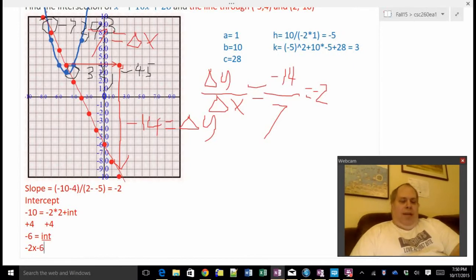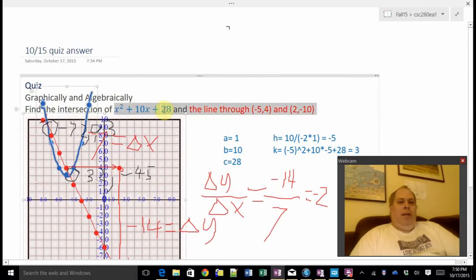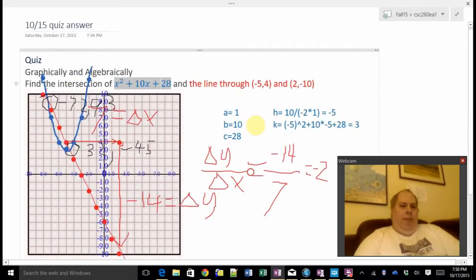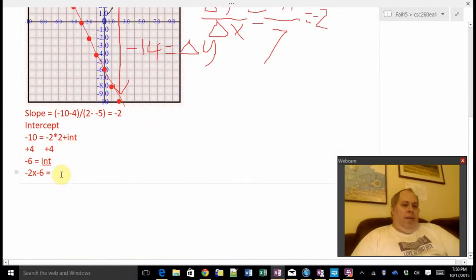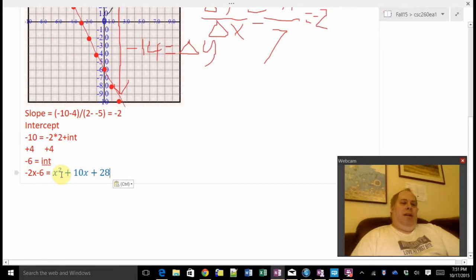Now what we do is we set that equal to the formula for the quadratic, which I'm just going to cut and paste. Because what we're going to do is set them equal to each other. So we have our slope and intercept, and we have the quadratic, and to find an intersection, we set the two formulas equal to each other, because the x that produces the same y in both formulas is an intersection x.